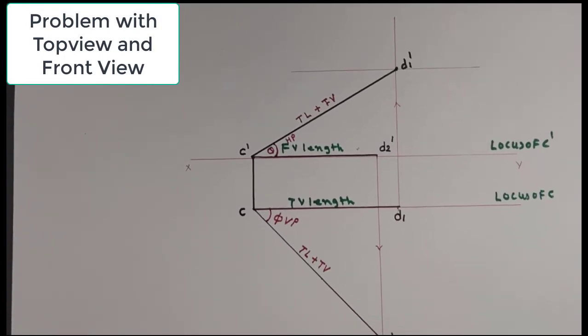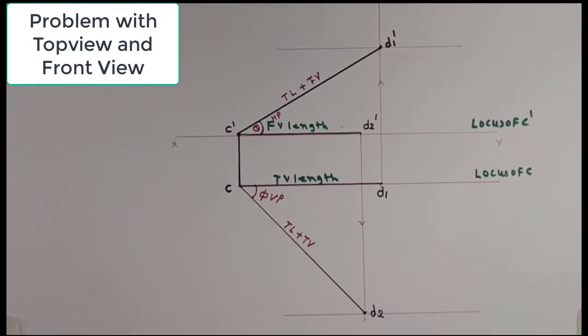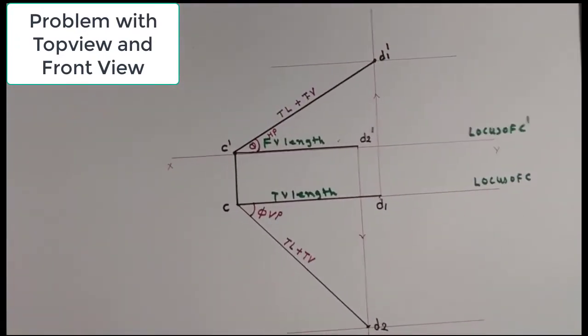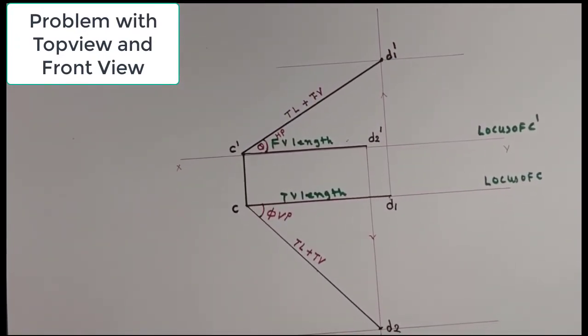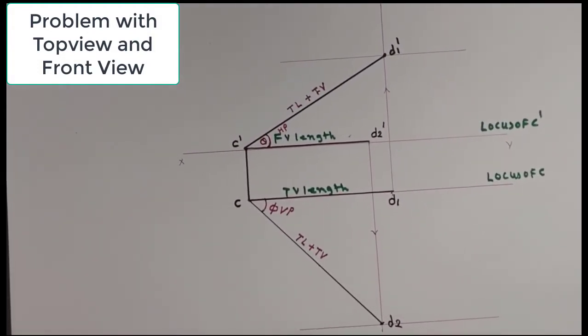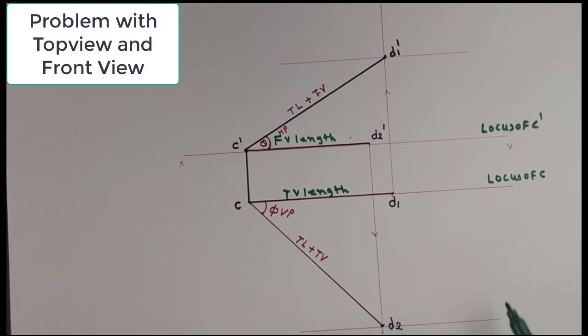Now you draw the line passing through D2. It is called the locus of D point.